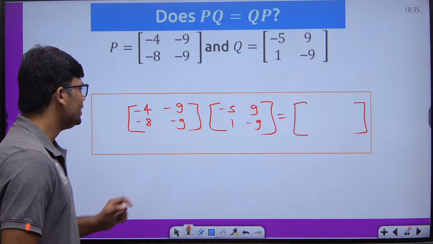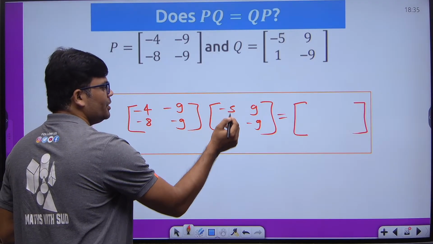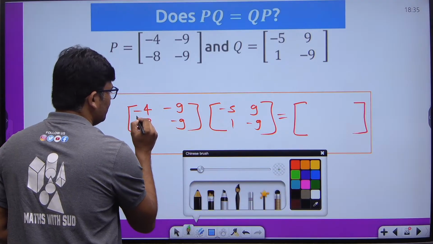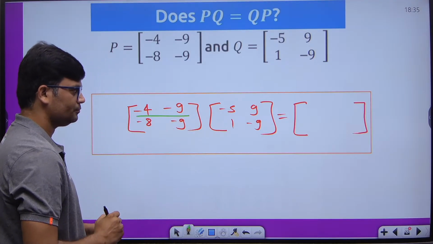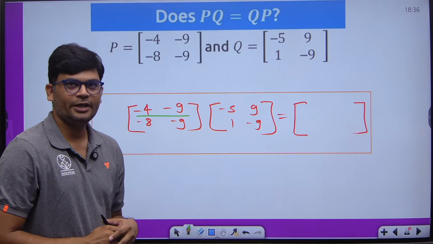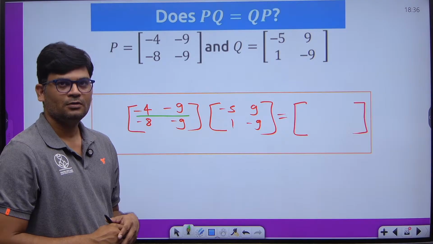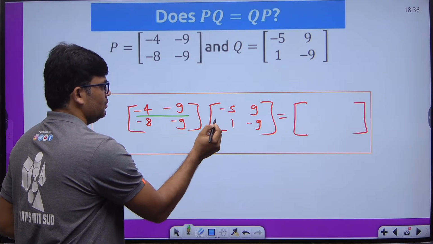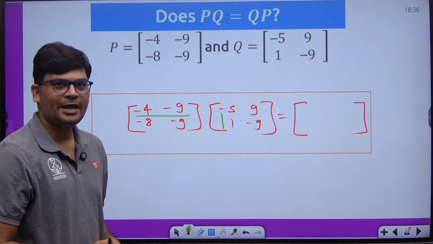Now let us multiply the first row with the first column. Minus 4 into minus 5 is 20, plus minus 9 into 1 is minus 9.